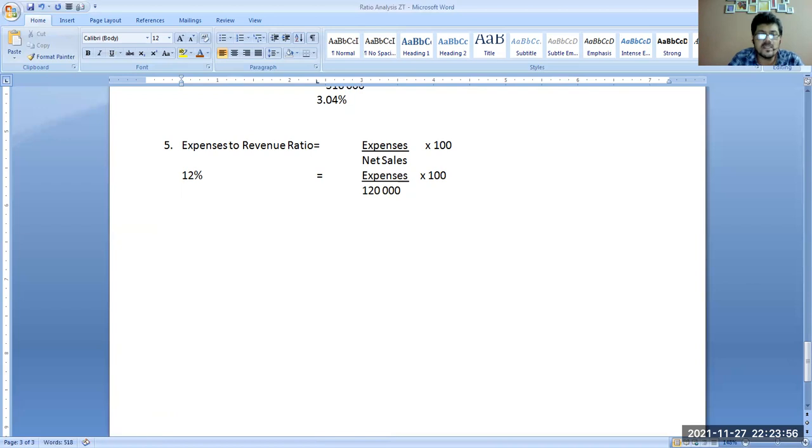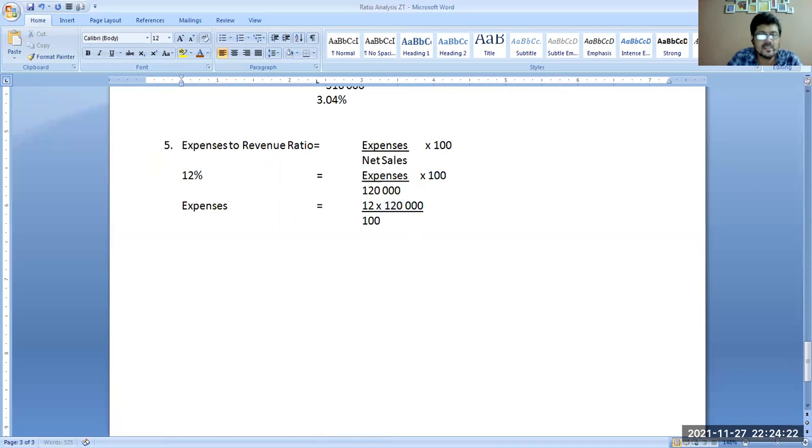Now, how would we calculate expenses? See, 12 multiplied by 120,000, divided by 100. This is how we are going to calculate expenses. Getting my point clear?